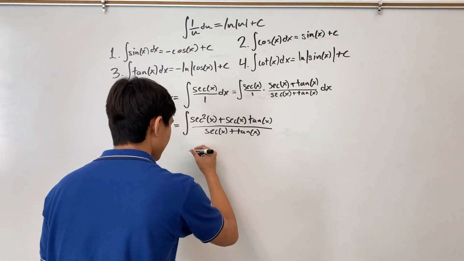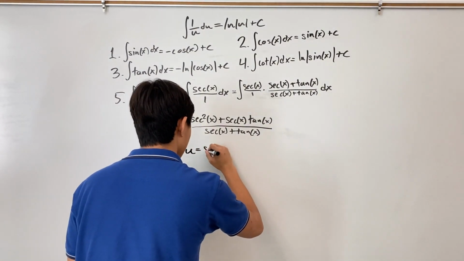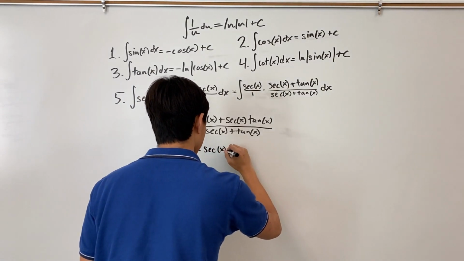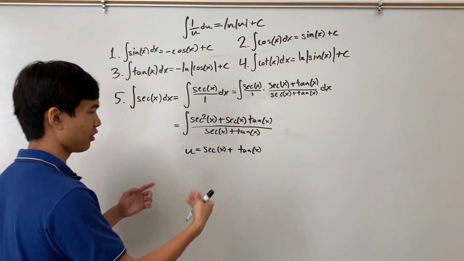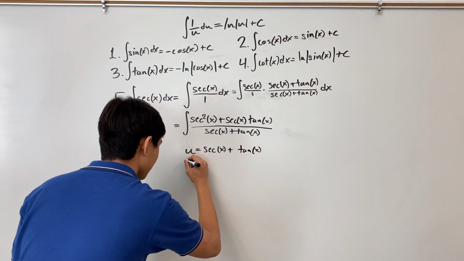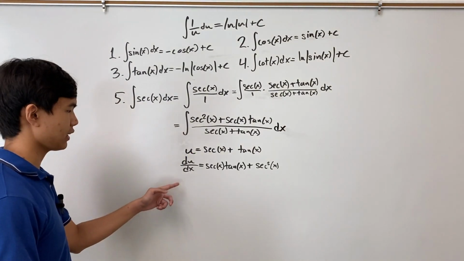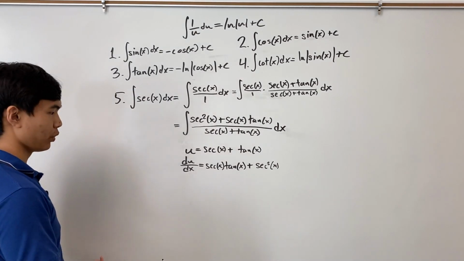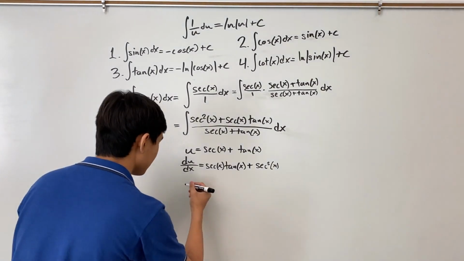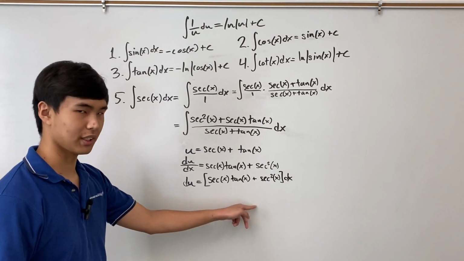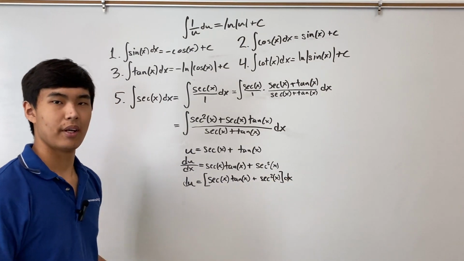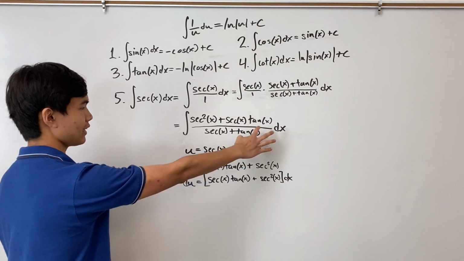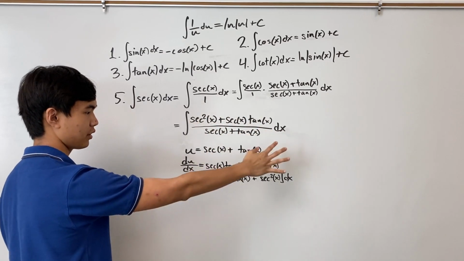And so now if we let u equal secant x plus tangent x, taking the derivative of both sides with respect to x gives us du dx equals secant x tangent x plus secant squared x. And when we solve for du, we get secant x tangent x plus secant squared x dx. And now if you notice, this is exactly what we have on top here.